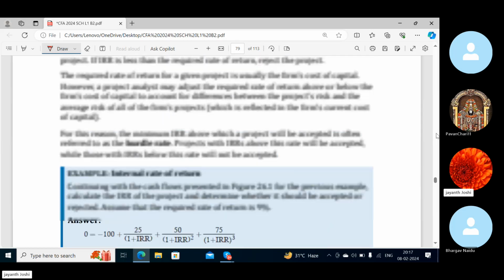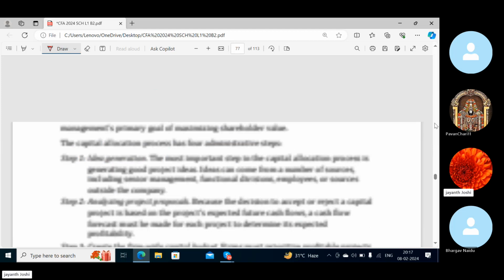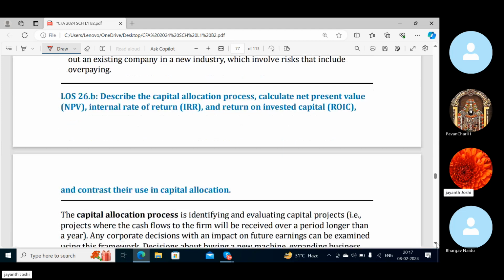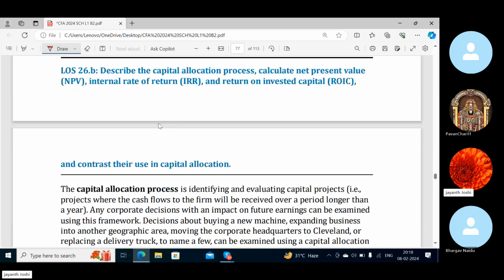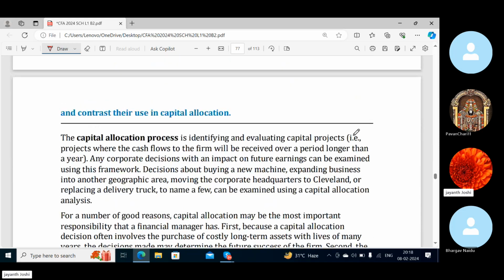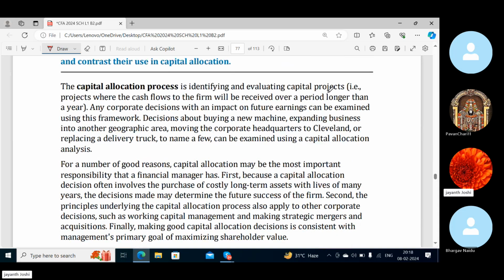Let's move forward and come from the beginning, where we have missed anything or where we have to cover up. Okay, so now here comes the capital allocation process. I think we have discussed this. Capital allocation process is identifying and evaluating capital projects.